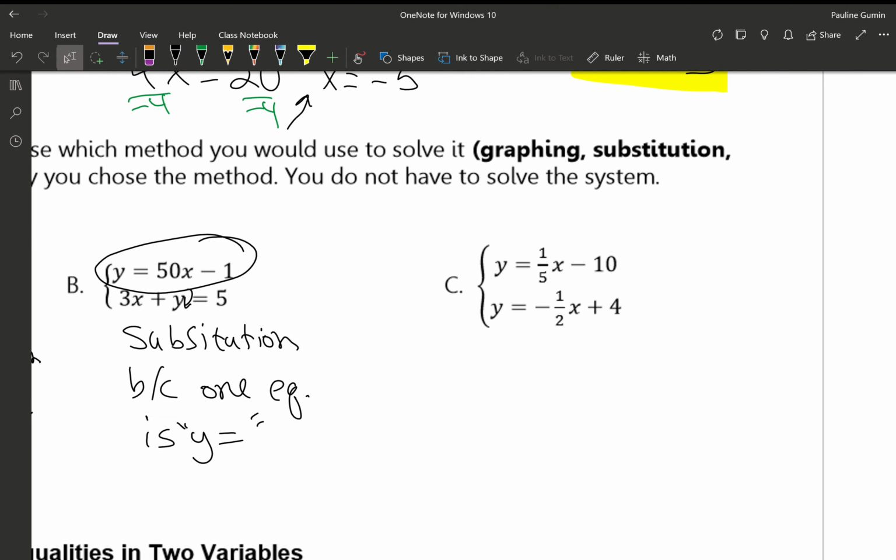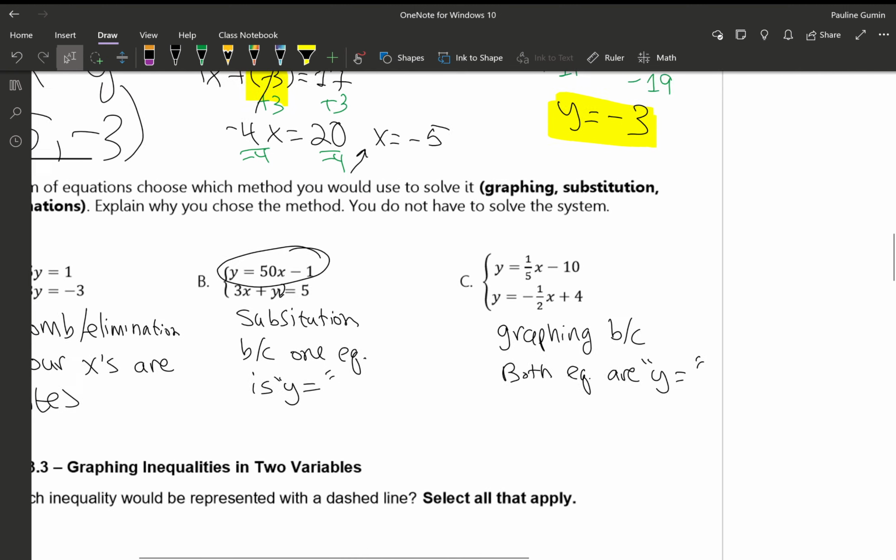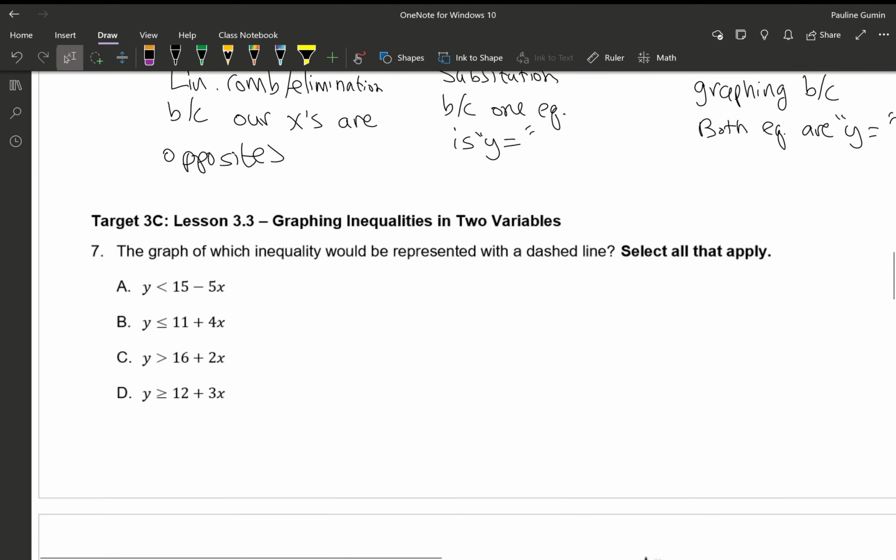Lastly, letter C would best be with graphing because both equations are y equals, which means we can just plop them into our calculator, graph them, and see where they intersect. It's just way easier to plot something in our calculator if it's a y equals equation. We'll see where they intersect. We have our answer.